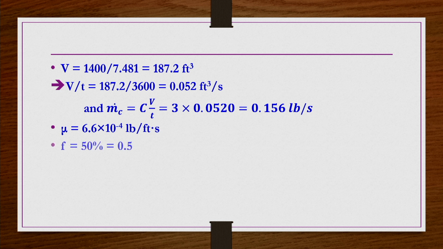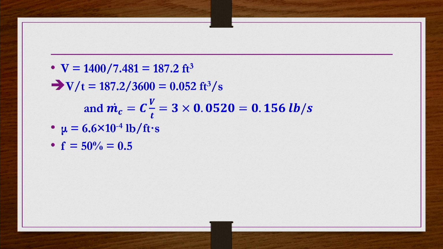Viscosity is given, and as I mentioned, in the continuous filtration process, the area of filtration is not the entire area of the filter medium, but only the fraction of area that is submerged in the slurry. That area should only be taken as the filtration area.